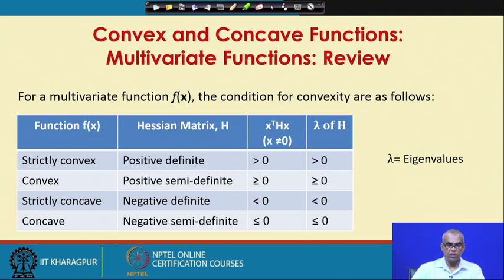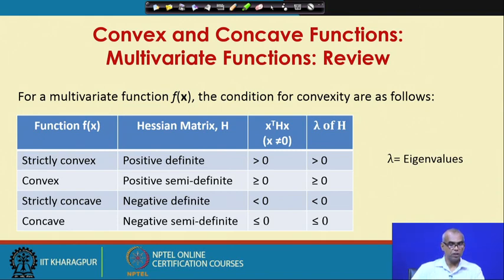The multivariable function f x will be convex if the Hessian matrix is positive semi-definite. The Hessian matrix will be positive semi-definite if x transpose H x is greater or equal to 0. In other words, all the eigenvalues of Hessian matrix are greater or equal to 0.